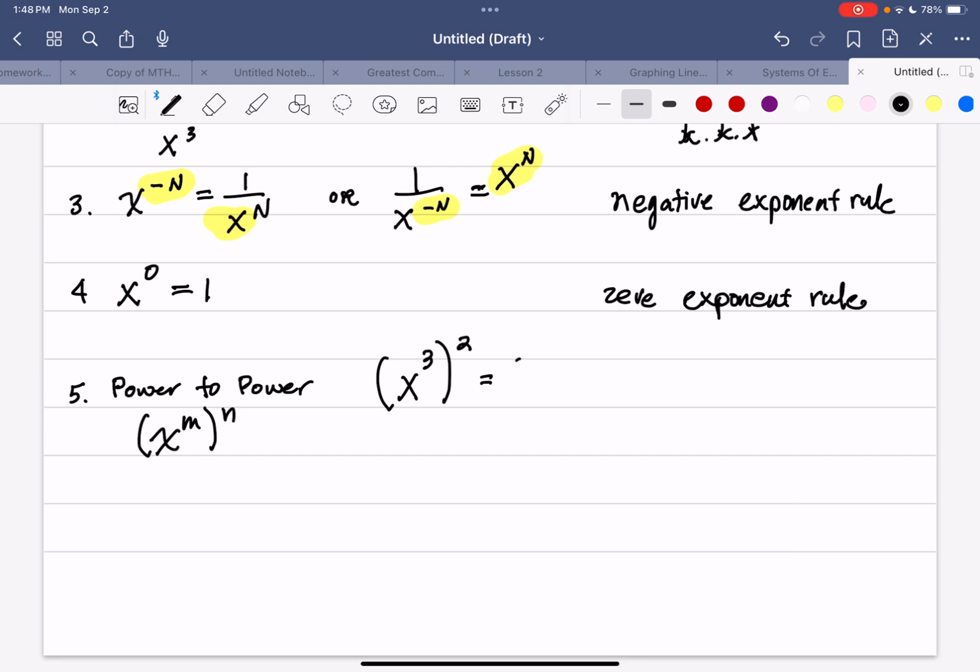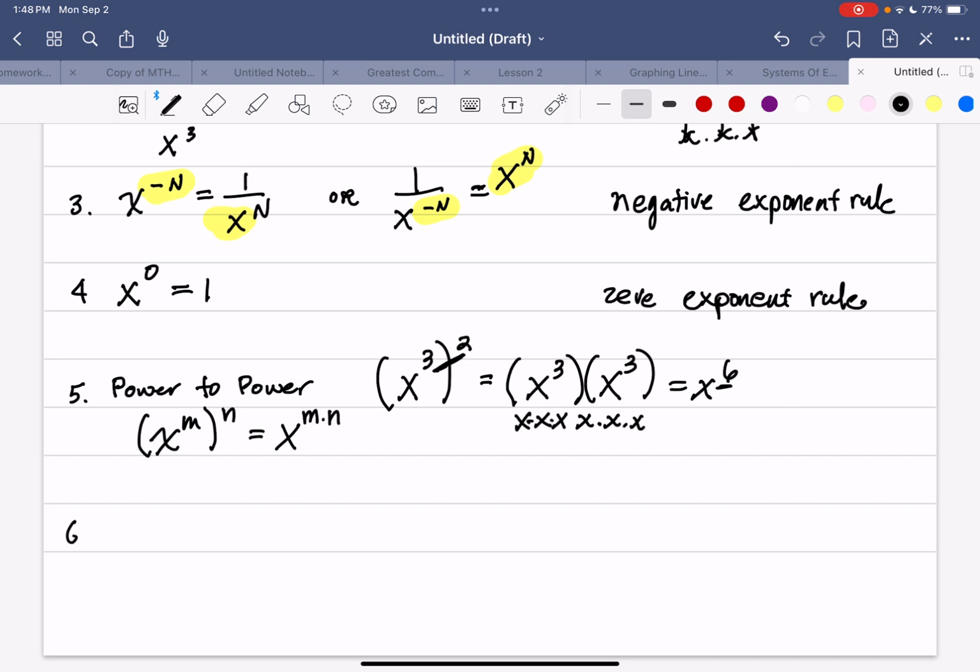Well, that would mean I need 2 x to the thirds multiplied times each other. And that would mean I have 3 factors of x and 3 more factors of x. So that's x to the 6th. But look, to get from the 3 to the 2 to the 6, we have to multiply. So when you raise a power to a power, you multiply.